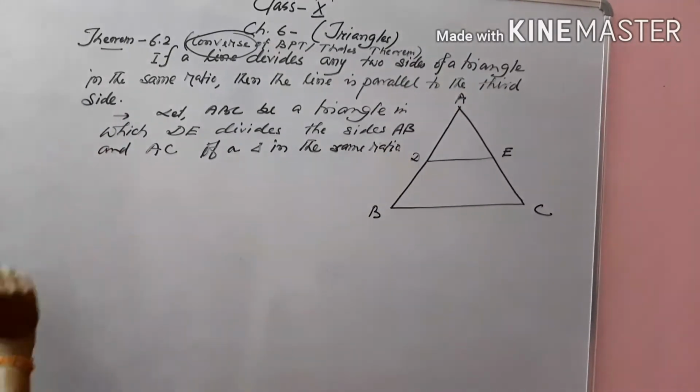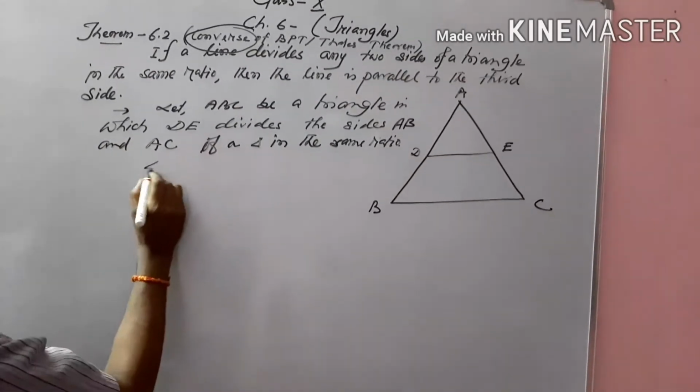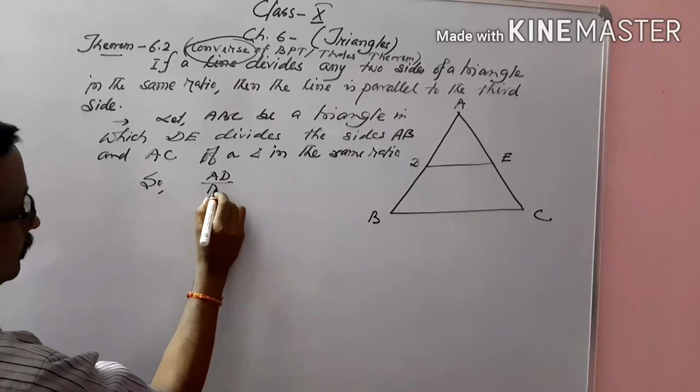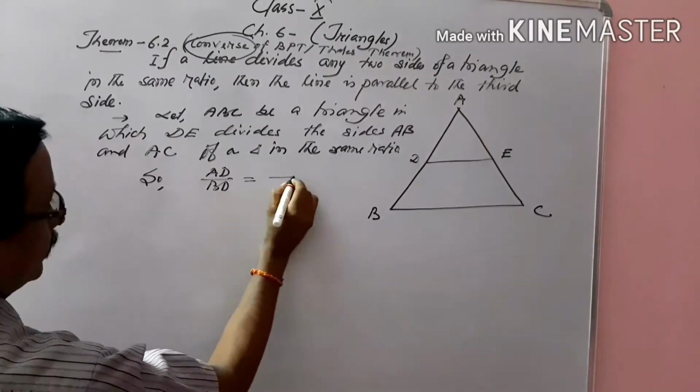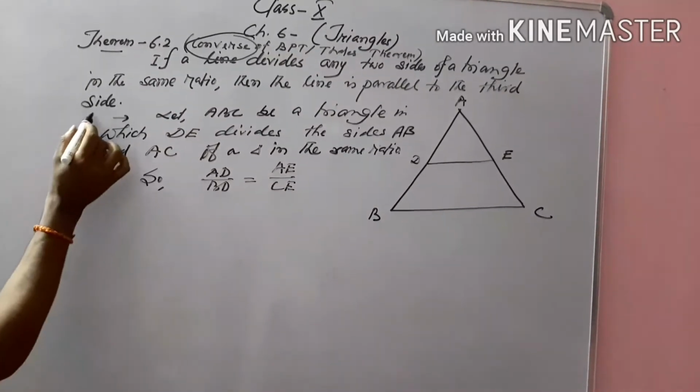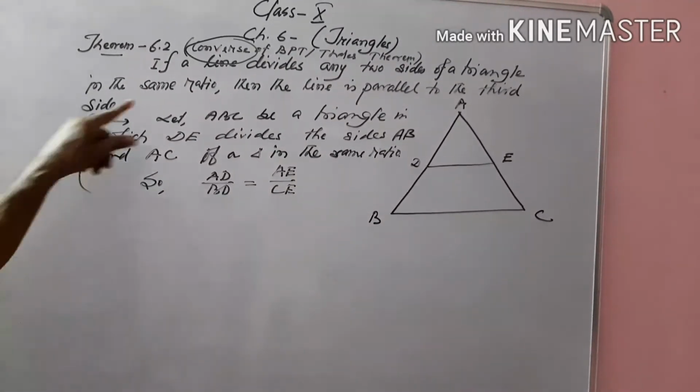So we can write AD by BD equal to AE by EC. This is the given part of the statement.